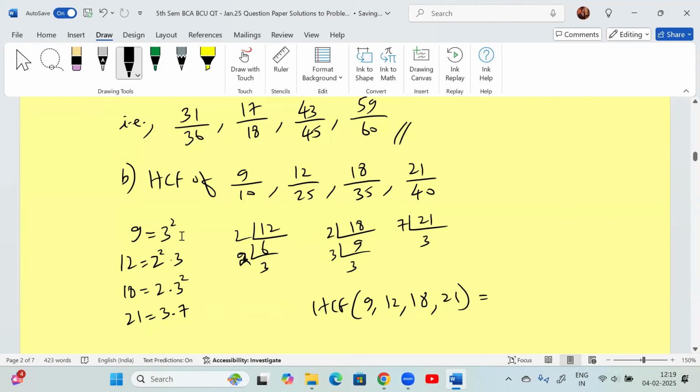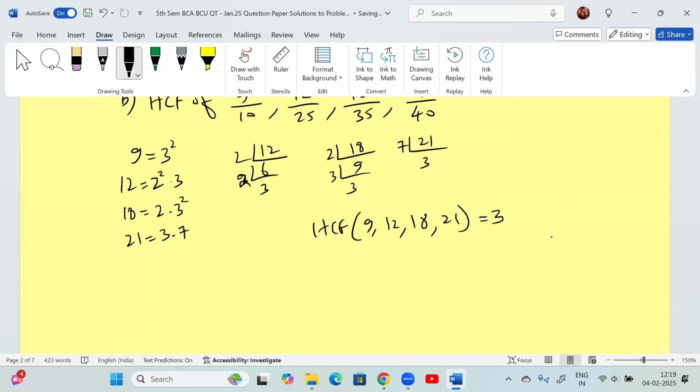Therefore, HCF of 9, 12, 18, 21 will be, here we may notice, product of the least prime. Least prime means only 3. Now we have to find the denominator's LCM. So LCM of 10, 25, 35, 40.